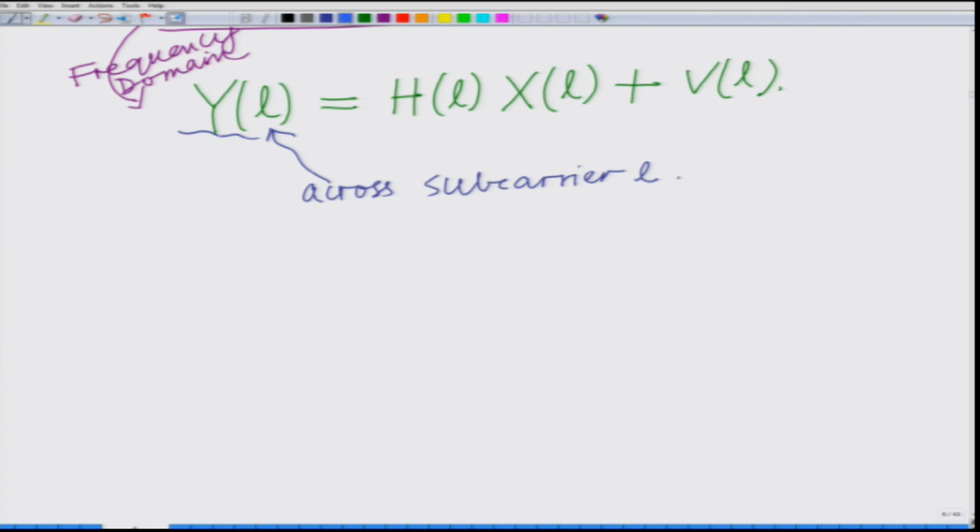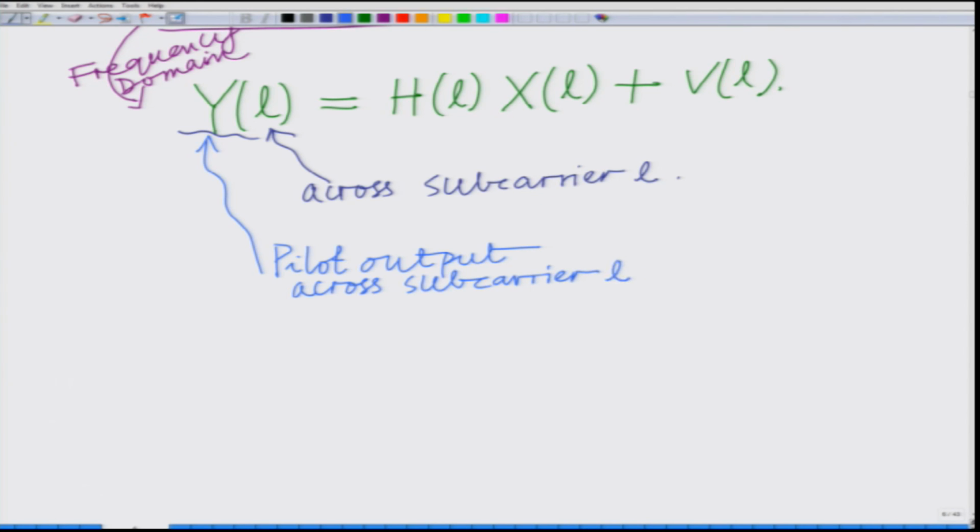These are the pilot outputs received across subcarrier L.